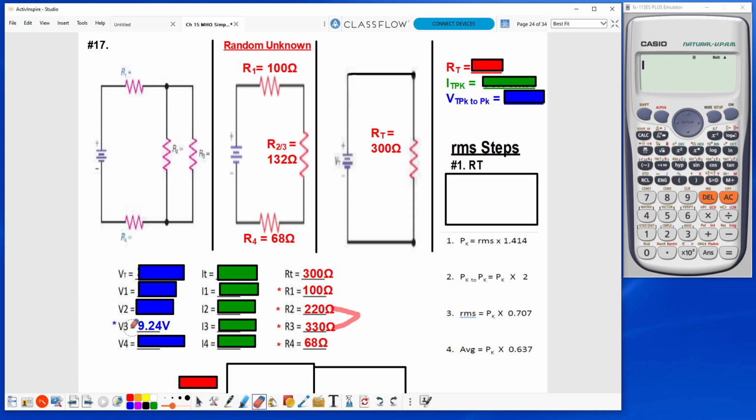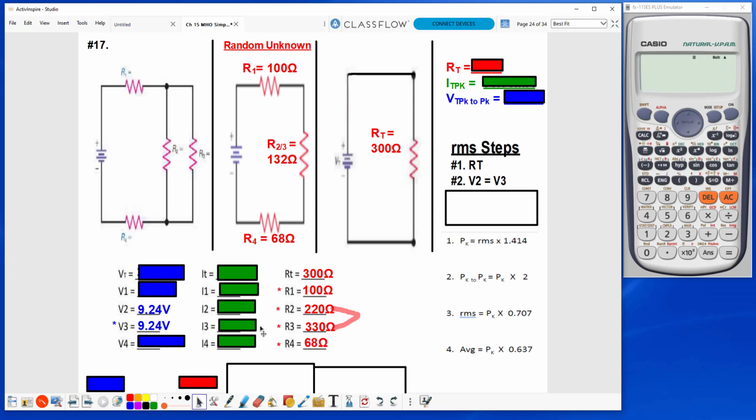Well, I have the value of V3. V2 and V3, R2 and R3, are in parallel with one another. So that tells me that if I have the value of V3, which corresponds to R3, I already have the value of V2, because those two values would be the same because they are in parallel with one another.